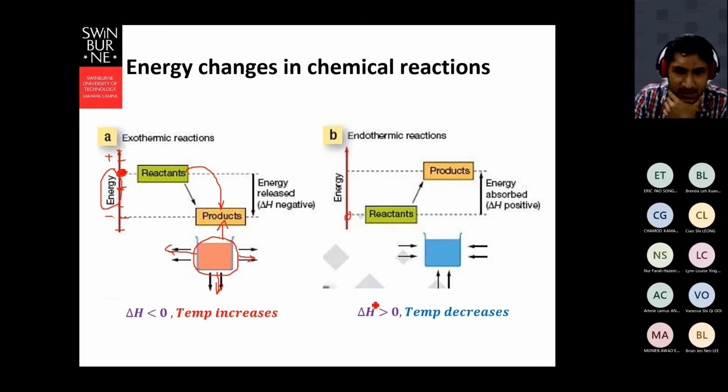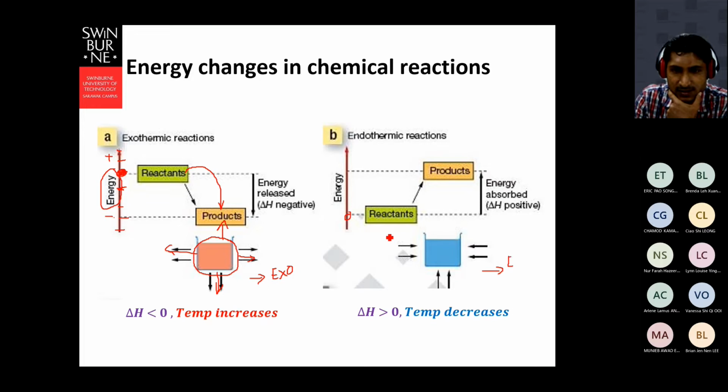So this is endothermic. These two terms, which we will be using frequently afterwards, are quite troublesome sometimes for those who do not pay attention.